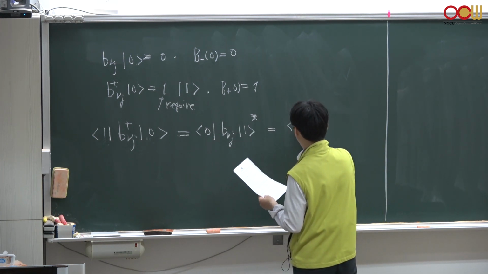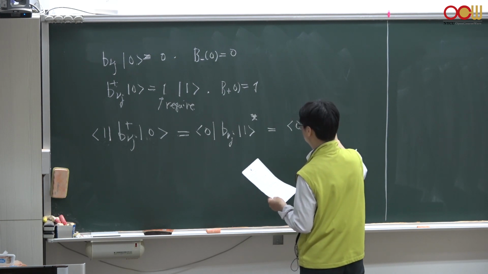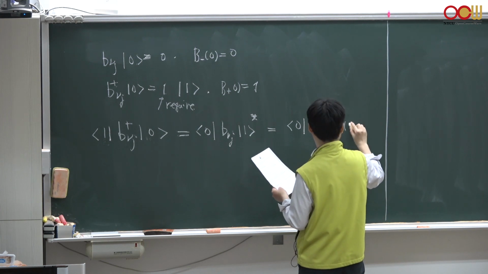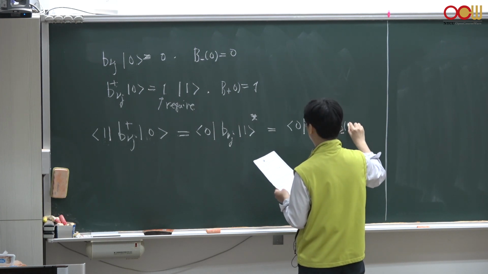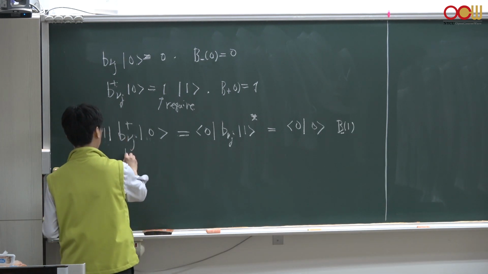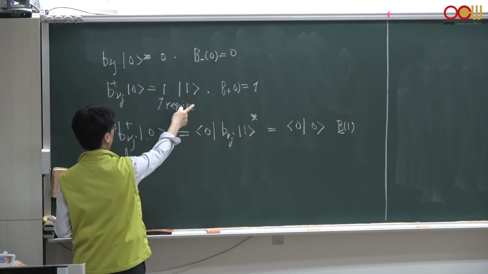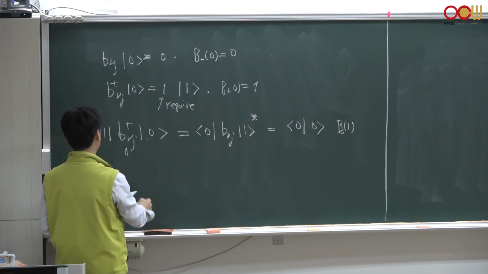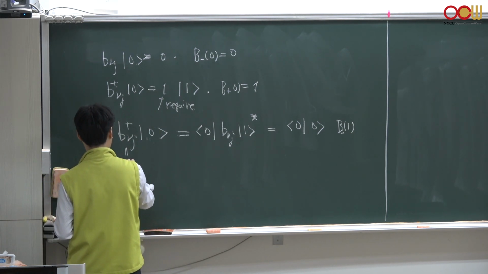This is 0 and 0 and B minus 1. But this is nothing but 1, because if you use this definition, the requirement of B plus 0 is actually 1, so this is nothing but 1.